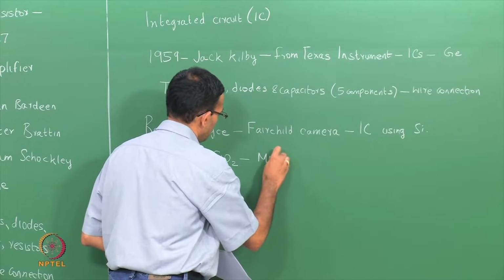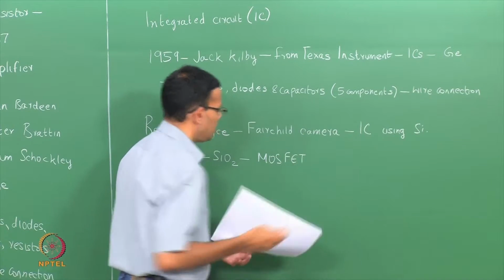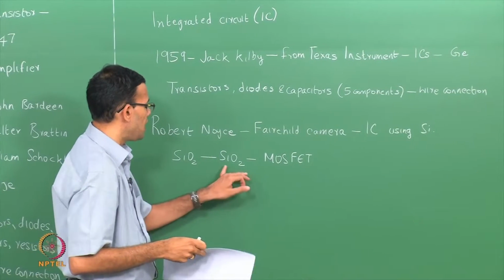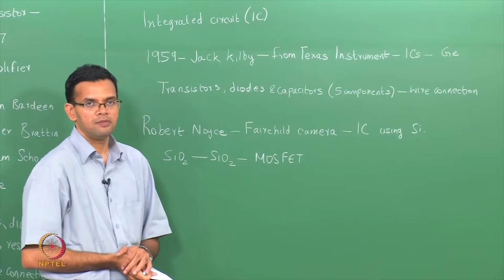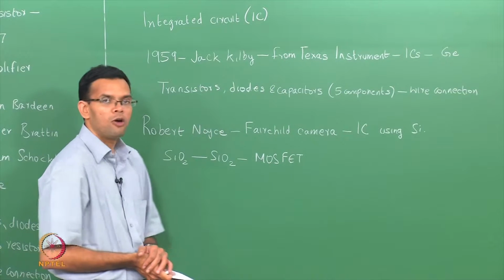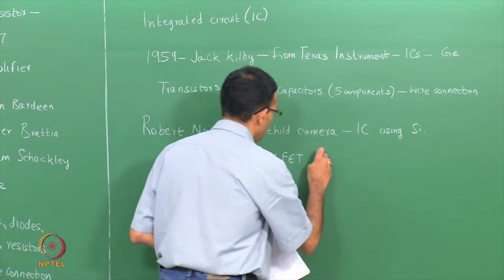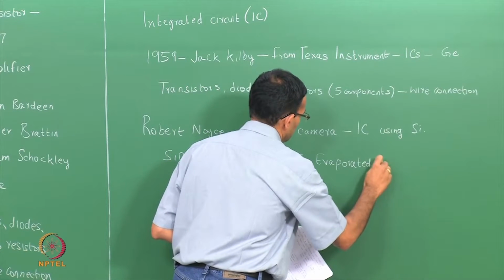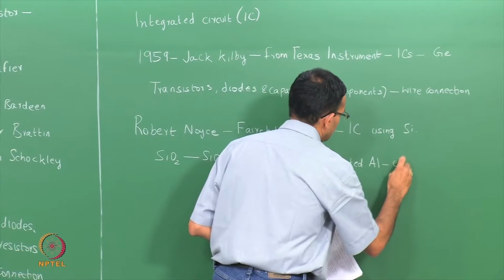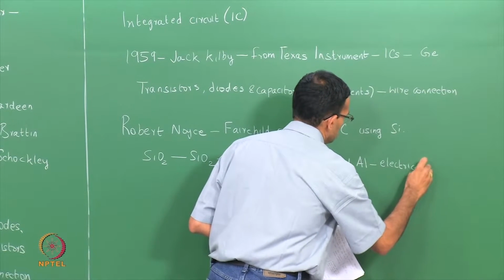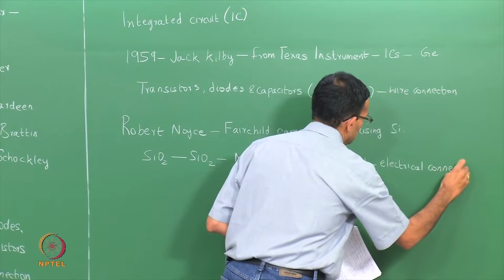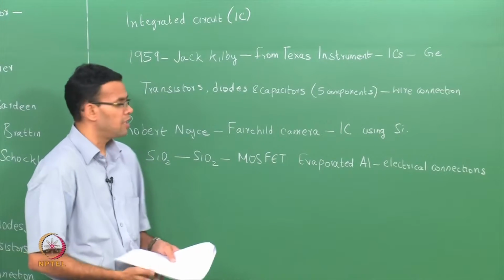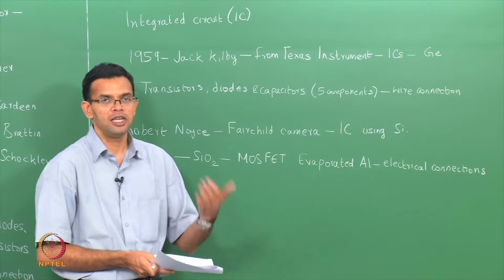You have seen that before when we looked at MOSFETs, that there was a dielectric layer that separates the gate from the channel. So, this dielectric layer can be easily formed on silicon using SiO2. Robert Noyce also used evaporated aluminum for forming the electrical connections, as opposed to using a wire connection, so that your circuit can be thought of as truly integrated.